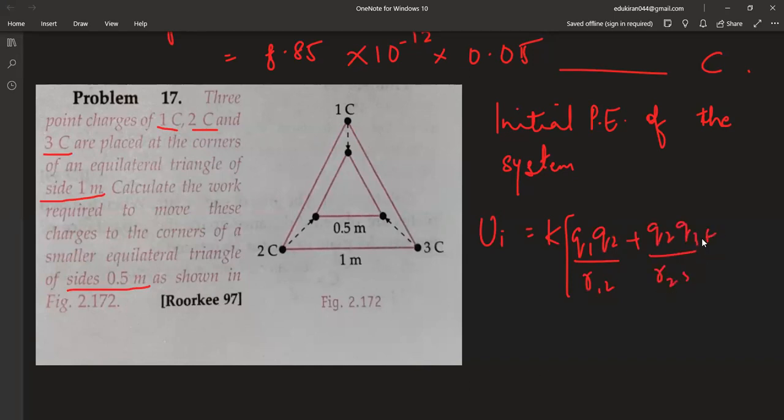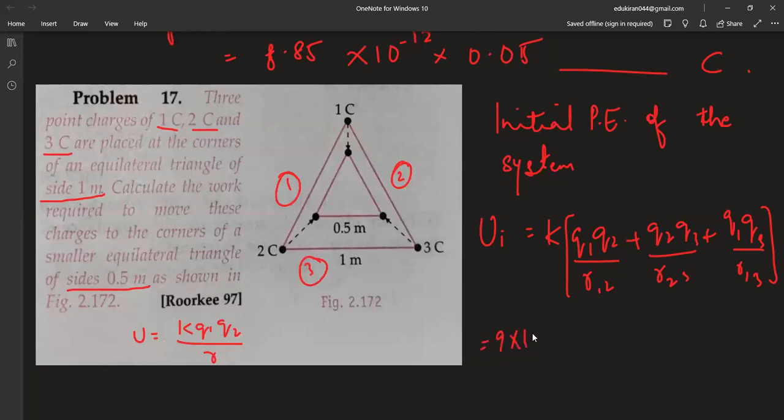And the last combination will be Q1 into Q3 by R13. Understood? What is the general formula, class? The general formula of energy is K Q1 Q2 divided by R. So 1 interaction, 2 interactions, 3 interactions, all we have written. Now we just have to substitute in the values.